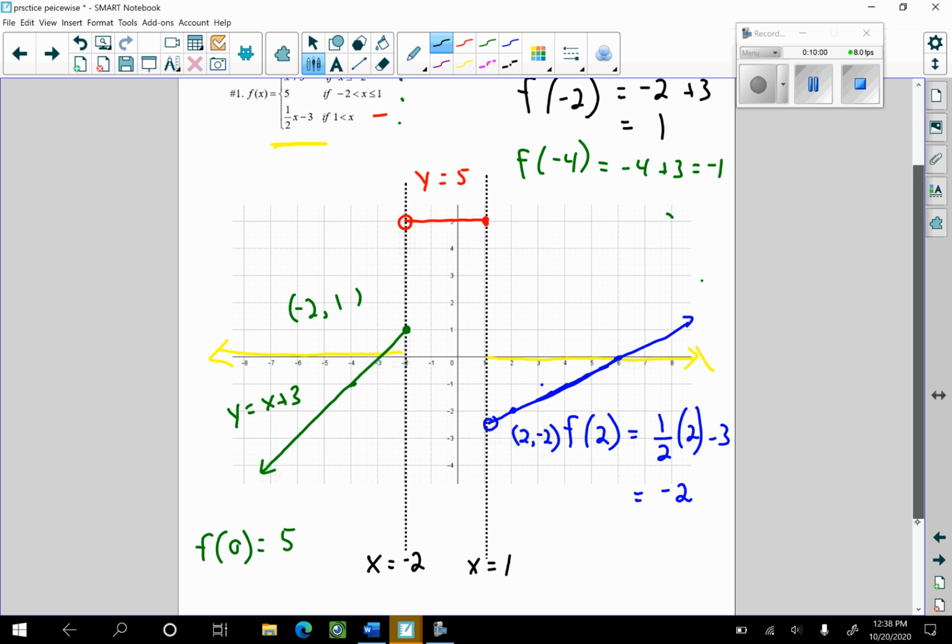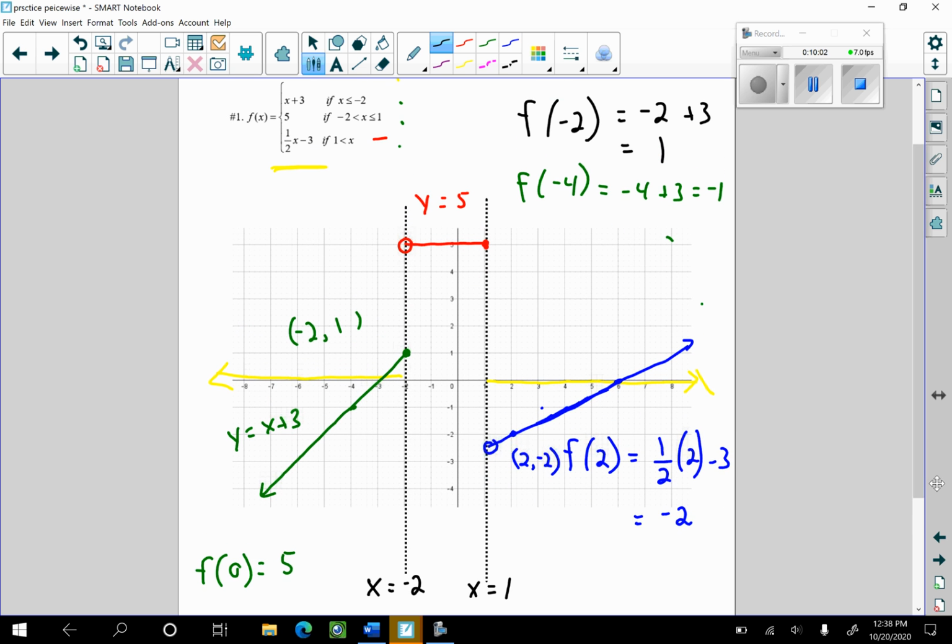So let's do another one. Let's figure out, hey, Billy, what f of -6 is. Where is -6 at? Mr. Ayler, is it the top piece, the middle piece, or the bottom piece? x = -6. Top.